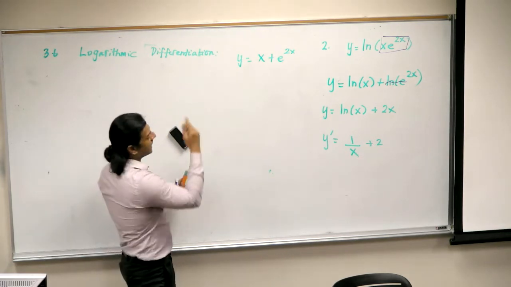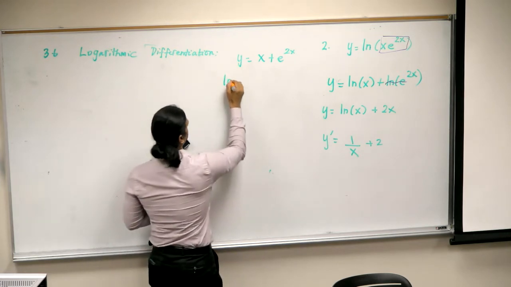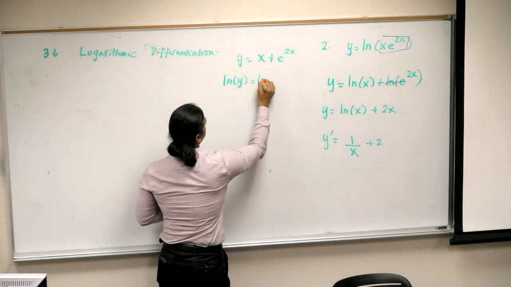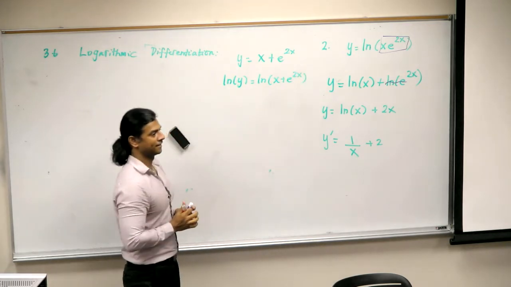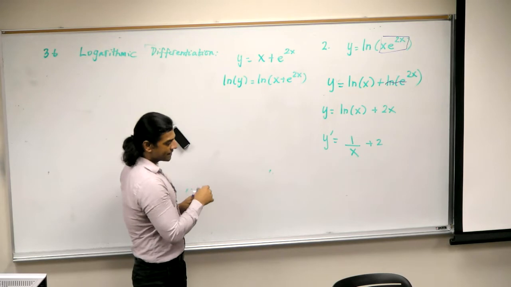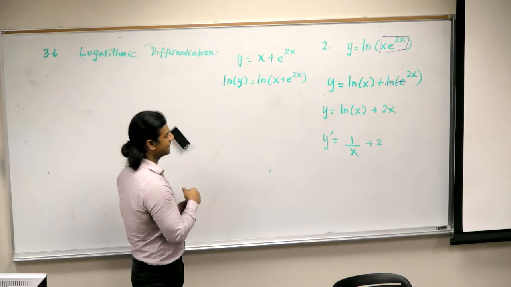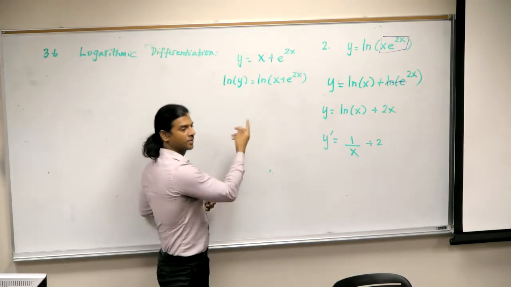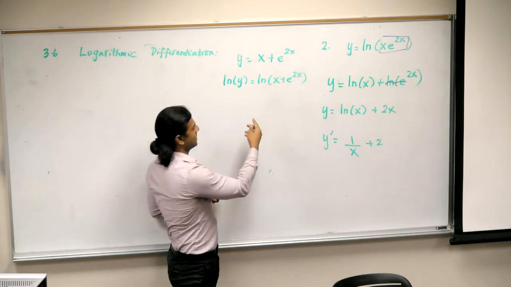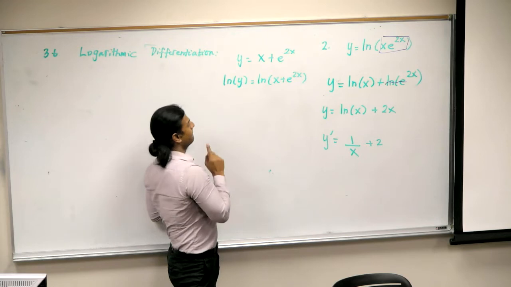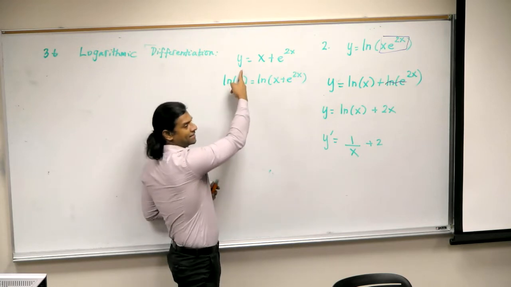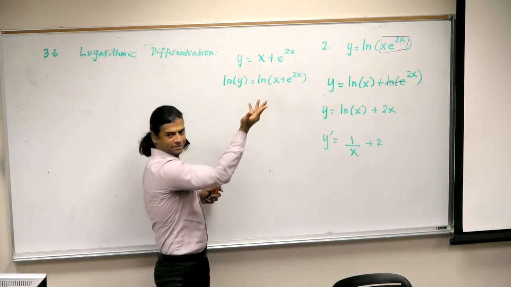If you took ln on both sides, you would have ln of y equals ln of x plus e raised to x. You can differentiate it using implicit differentiation, but then you have to use the chain rule and then the product rule, a bunch of other things, correct? But you could have just taken the derivative of that directly.